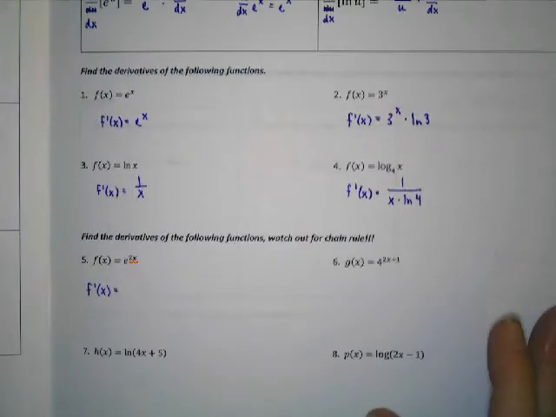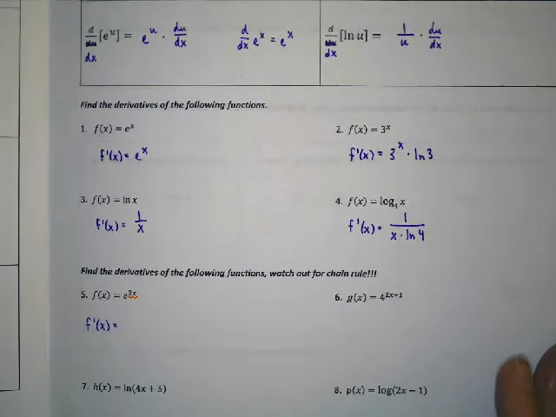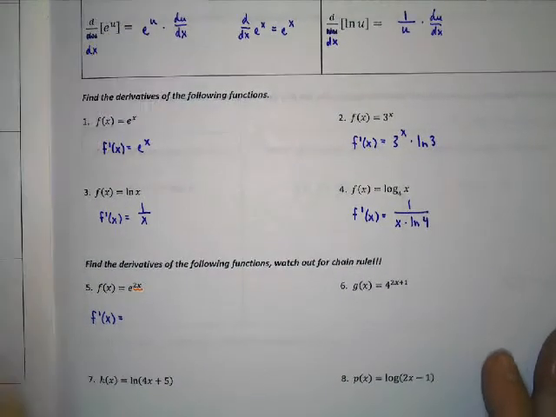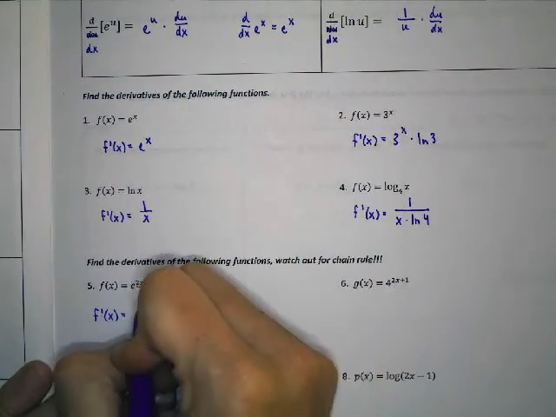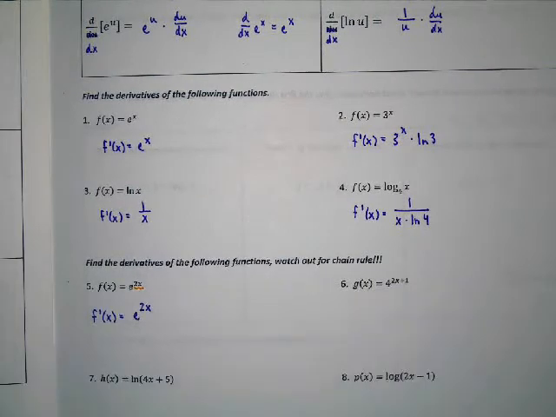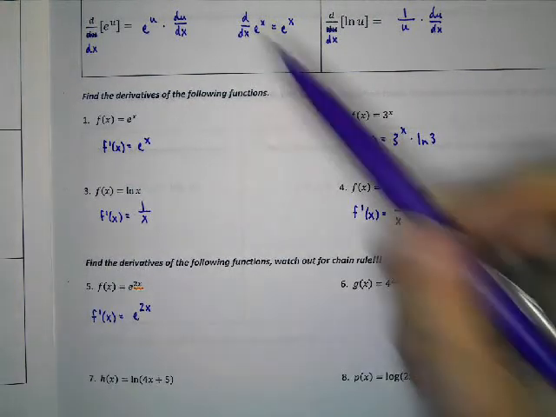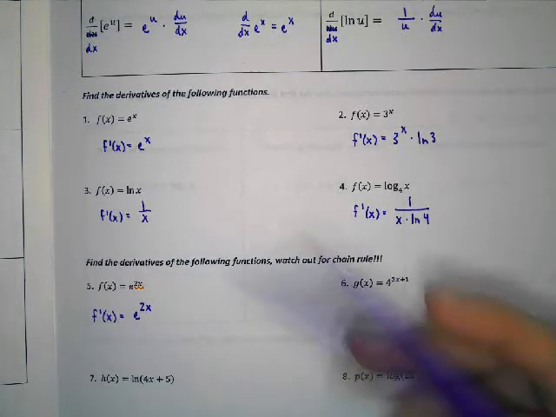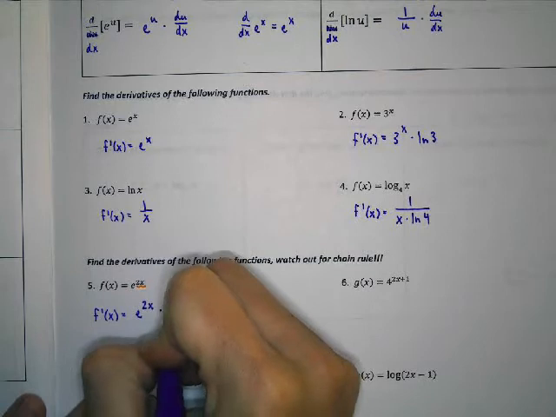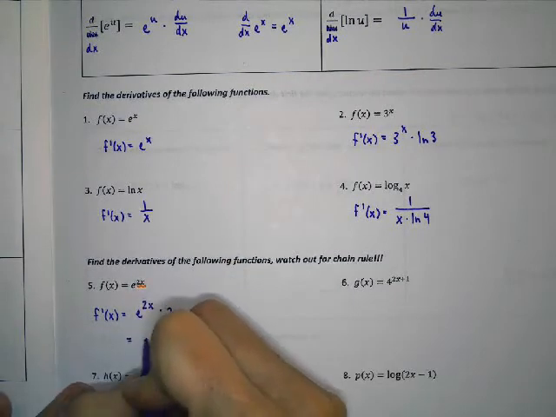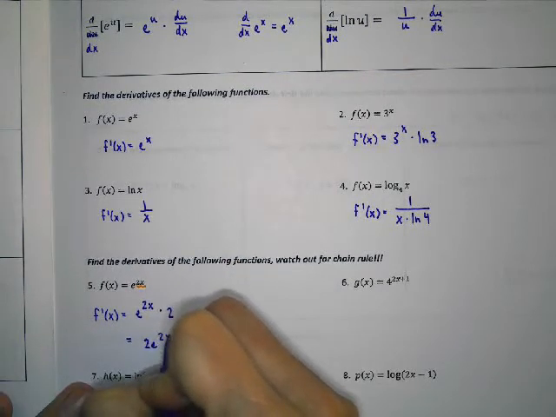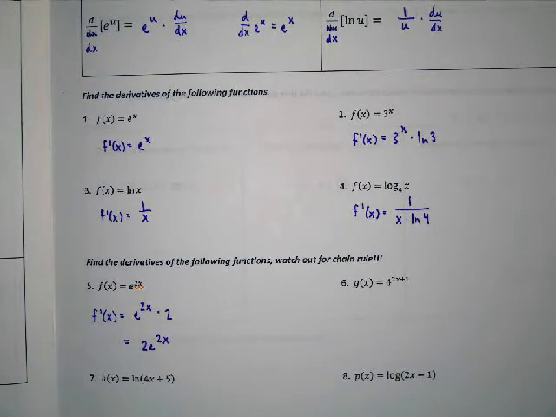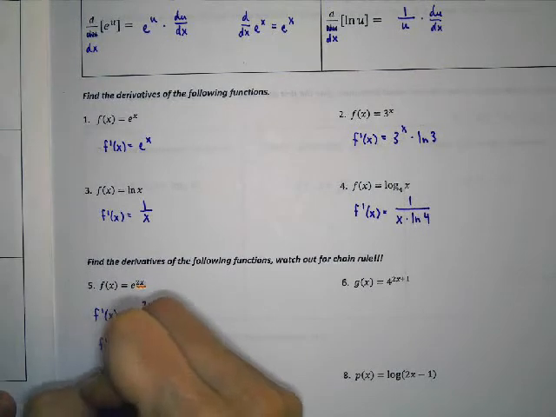Our derivative of e to the u is just e to the u, so my first part is to still take e to the 2x. It's going to stay the same. Now I'm going to take the derivative of 2x, and there's the chain rule piece. So times 2. And so my derivative is 2 times e to the 2x.